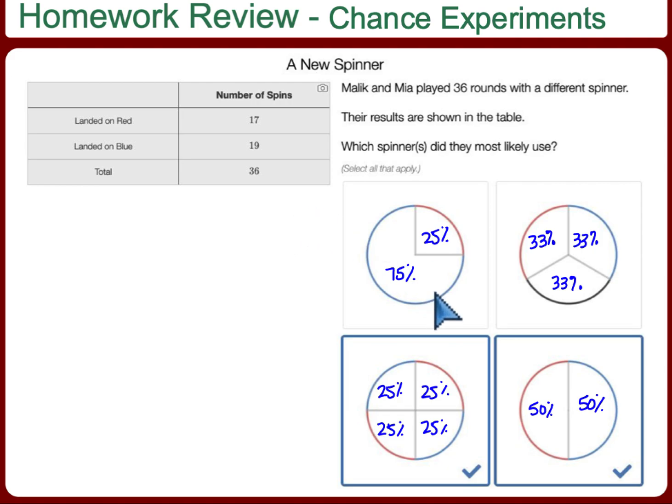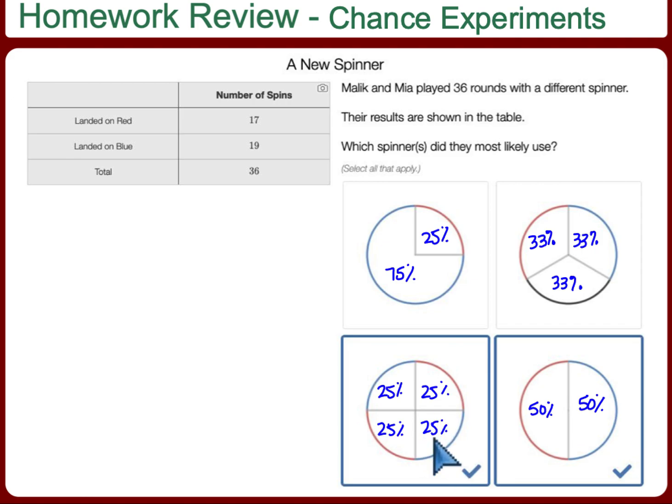So it was definitely not a 75 to 25 split. Now, some of you did put down this second upper right spinner because it is equally likely to get a red or a blue, but you would also be equally likely to land on the color black here. And there are no entries for black here, so it would not be that one.